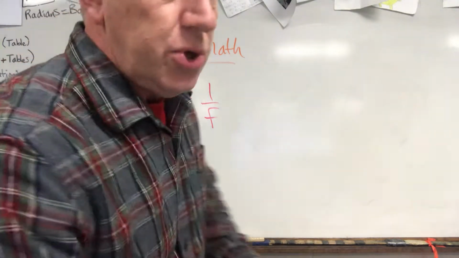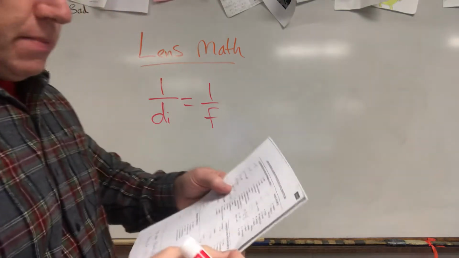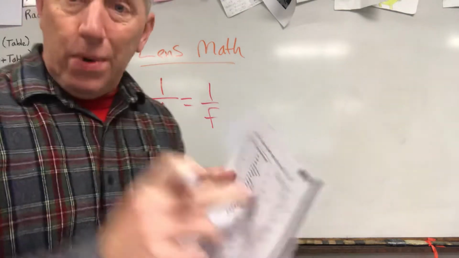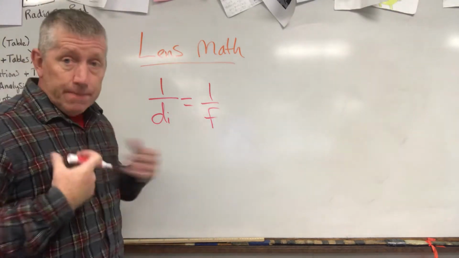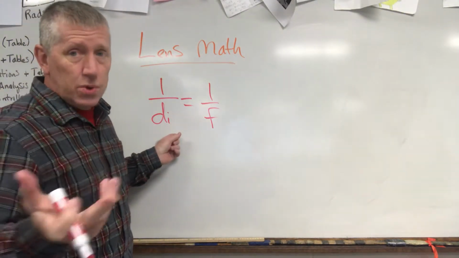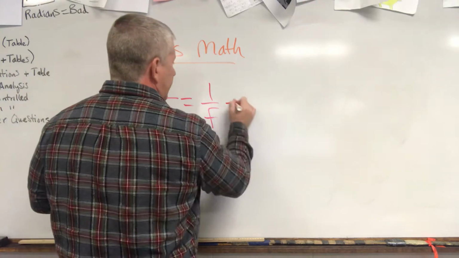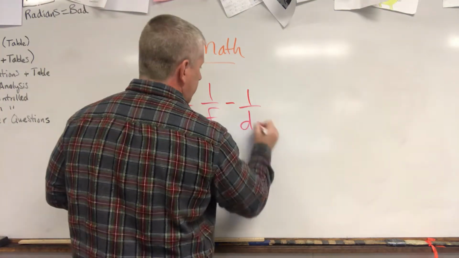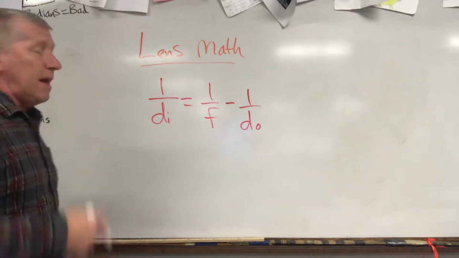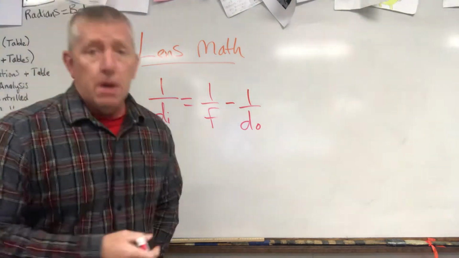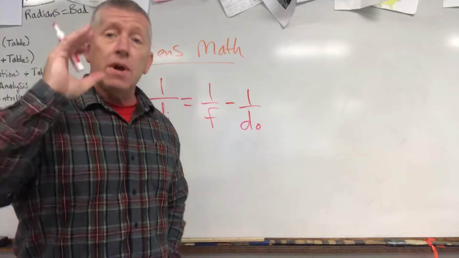Like on the sheet, they have it set up so you can find 1 over f. It's 1 over f is 1 over di plus 1 over do. But I set it up to find di because that's what we're usually doing. That's our mirror equation and our lens equation as well. And the magnification equation is still the same. Hi-ho, di-do. So the equations are identical.